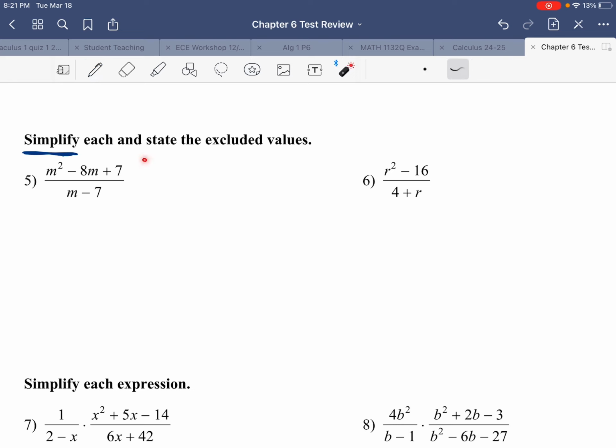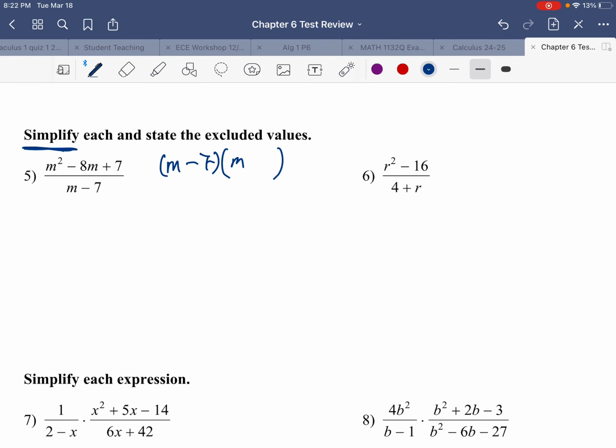In the rational expression here, I've got m squared minus 8m plus 7. I'm hoping that I can write that as the factor of 2 binomials. And it would be nice if it was m minus 7 times something. So I'm looking for 2 numbers that multiply to a positive 7 that combine to a -8. The fact that it's m squared tells me that this is going to be m times m, and that it's a negative number that they're combining to tells me that this is both going to be subtraction.